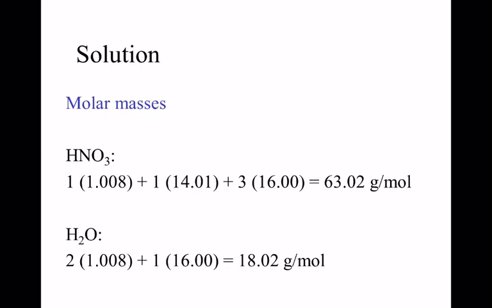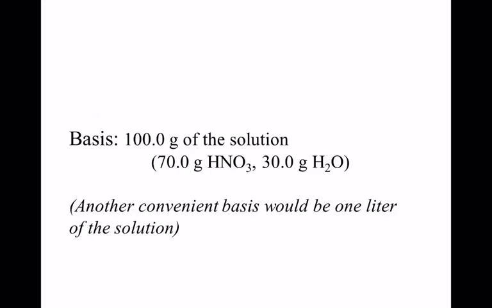Now, do you guys have this slide already? We're going to need the molar masses of HNO3 and H2O to get to our moles. All right. So the reason I chose 100 grams of solution is that, right away, based upon the weight percent, I know I must have 70.0 grams of HNO3.